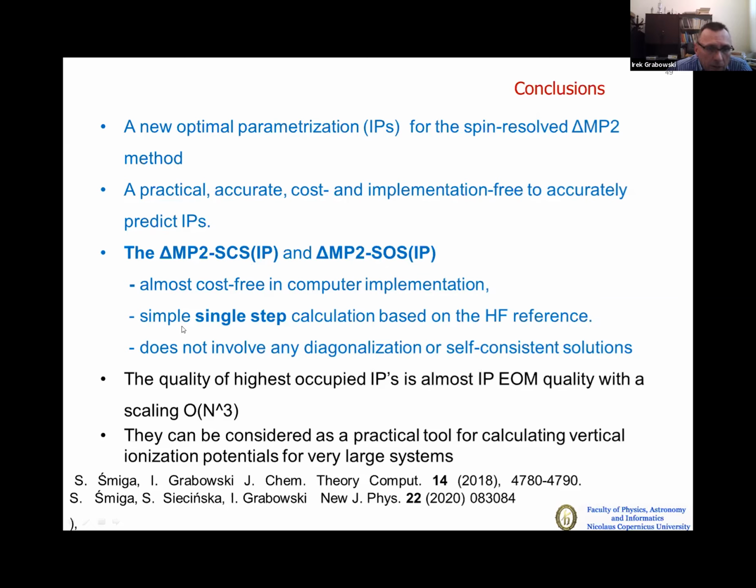And what is important, this is just a single-step calculation based on the Hartree-Fock reference and does not involve any diagonalization or self-consistent solution, except, of course, Hartree-Fock. And the quality of the highest occupied IPs, but also of all IPs which we checked, is almost IP-EOM-CCSD quality. And the scaling of the method after post-Hartree-Fock is just N to the third.